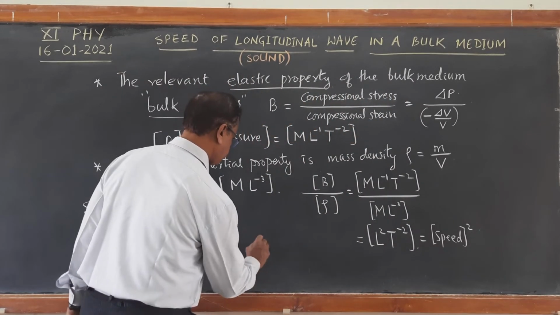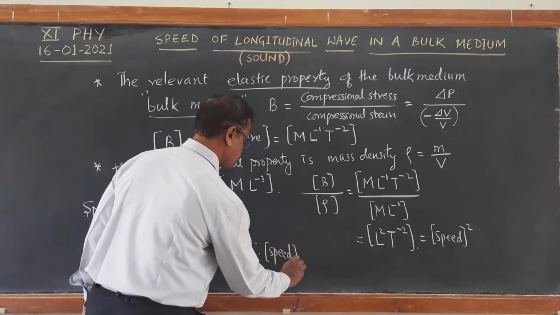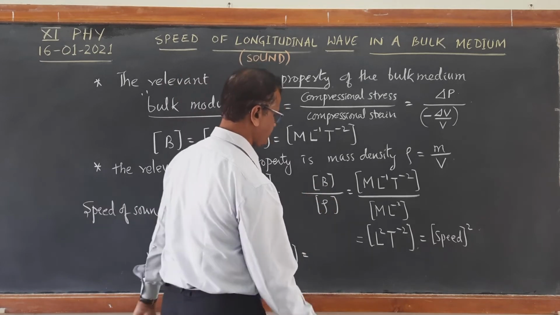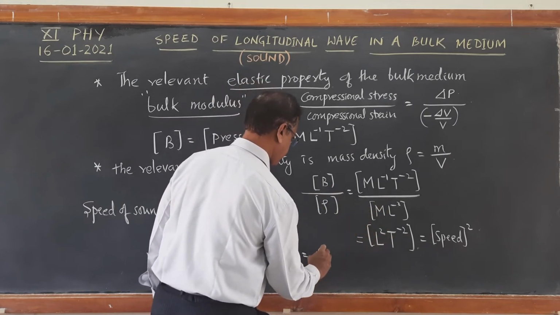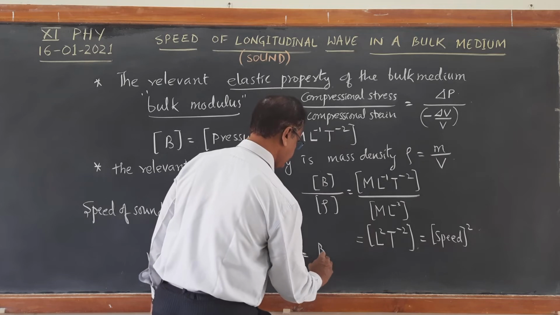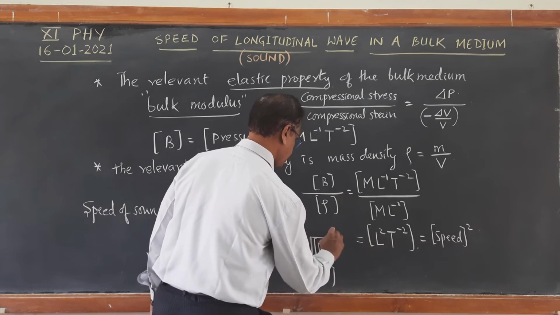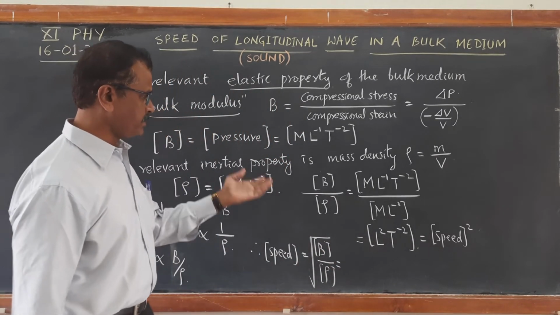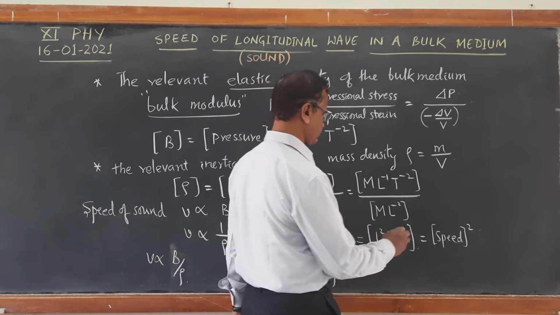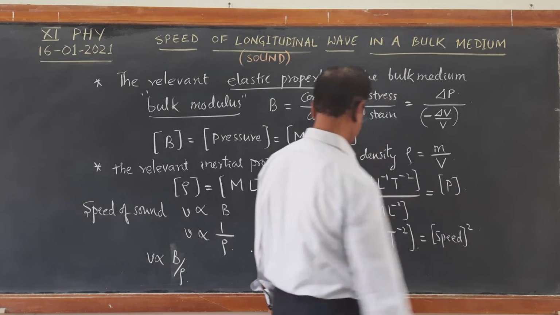Therefore, from this observation, the dimension of speed is the square root of dimension of B divided by dimension of rho. Now the dimension of B is definitely the dimension of pressure.